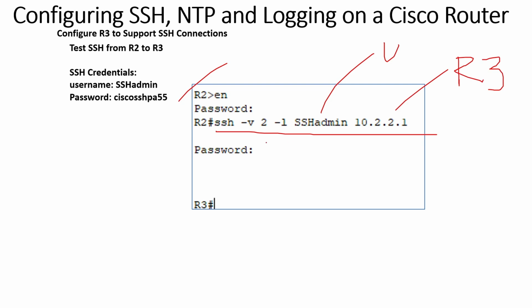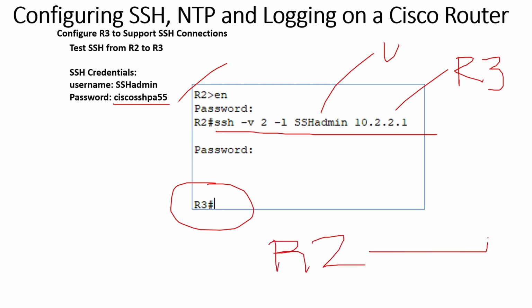And then press enter. This is the password. And then basically you're connected to R3. So what has been done here is from R2, you're remotely connected to R3. So not physically, but remotely, virtually connected to R3.